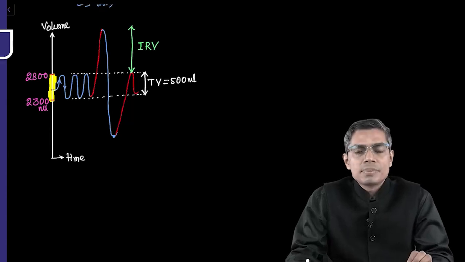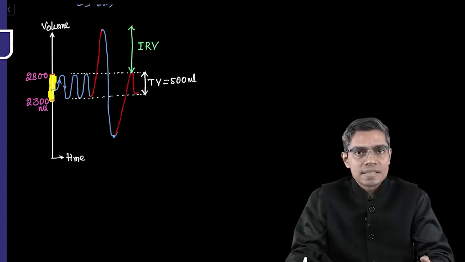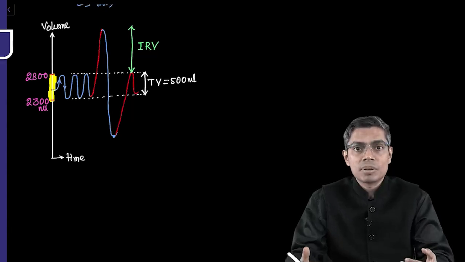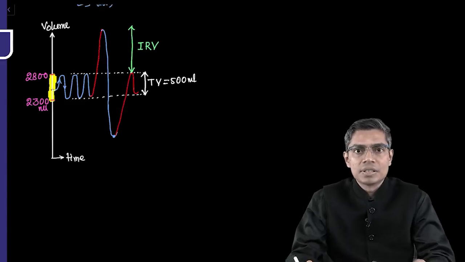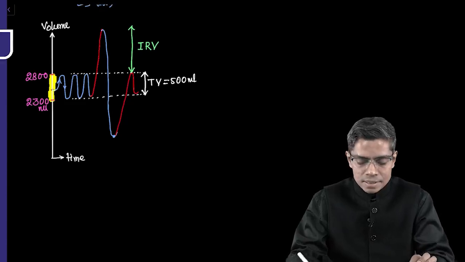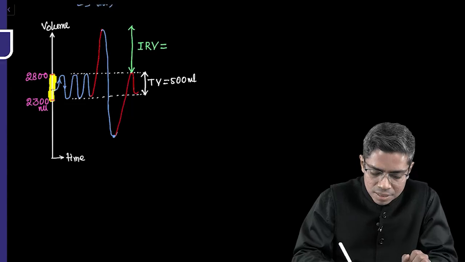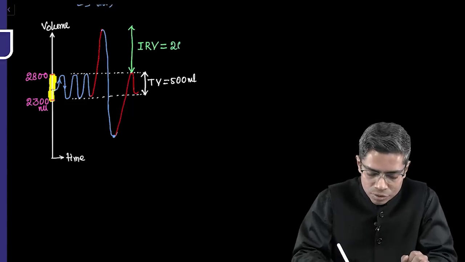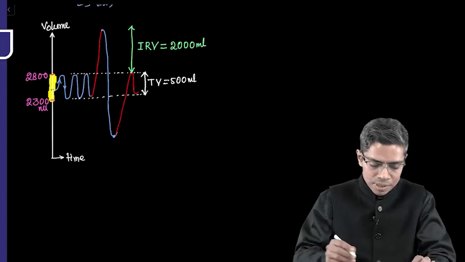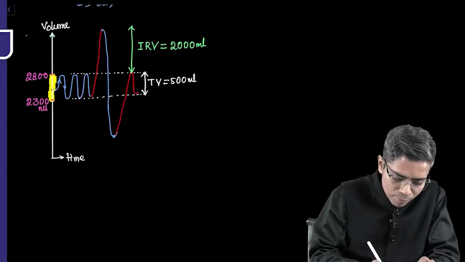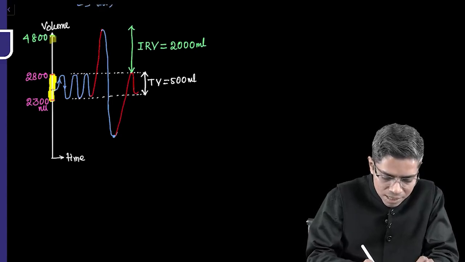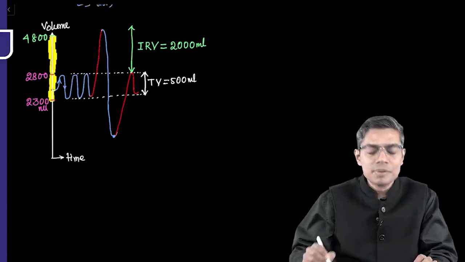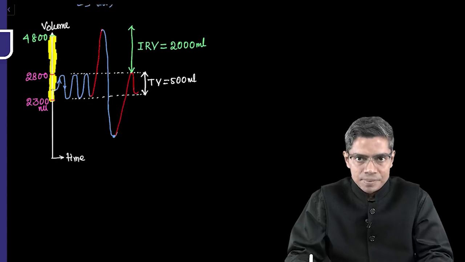You can use this reserve whenever there is a requirement. Suppose you are doing exercise, so you require more oxygen. What will you do? You will do hyperventilation, and then we generally use this reserve. That's why this is known as inspiratory reserve volume. Normally this is 2 to 3 liters. I'm writing here 2000 ml is the normal volume, so this will be around 4800 ml on your y-axis reading. From this y-axis you can easily calculate this extra volume that the subject can take in.